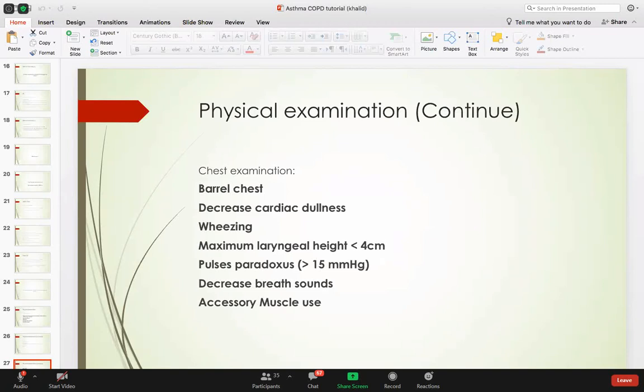Wheezing, and maximum laryngeal height less than 4 centimeters because the larynx is being pulled in by the lungs. Pulsus paradoxus more than 15 mmHg, decreased breath sounds, and use of accessory muscles.